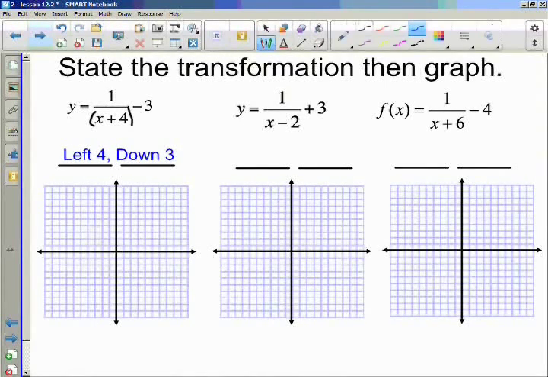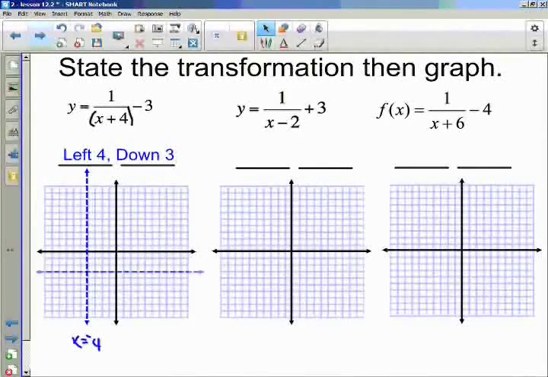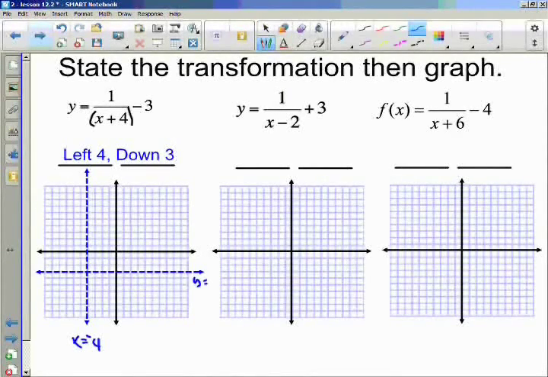So if we were to sketch this graph, we would have a vertical asymptote at x equals, sorry, negative 4, and we'd have a horizontal asymptote at y equals 3, and then we sketch our branches.